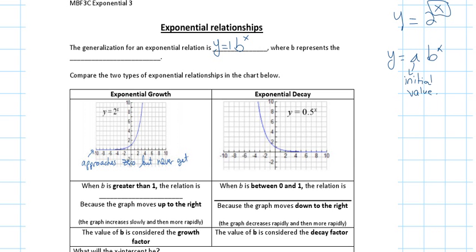Now, in my generalized exponential relation, y equals b to the power of x, b represents the growth or decay factor. So it's either a growth factor or a decay factor.